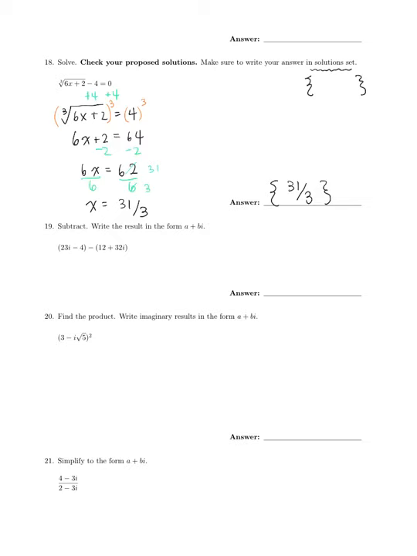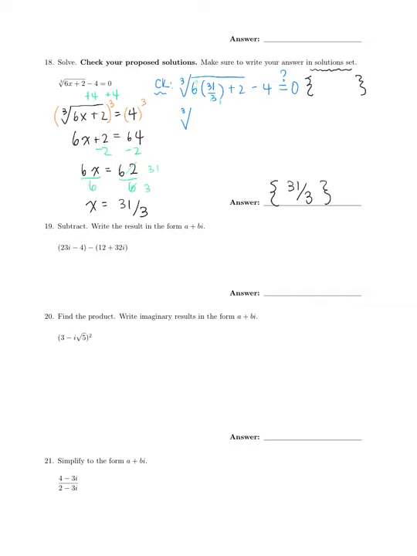Now it says to check. If you're confident that you did it right, you don't need to check, but if you want me to check, I can. So here we go. Check. Cube root of 6 times my proposed solution, 31 over 3, plus 2, and then minus 4. The question is, is that going to equal 0, right? So let's just check. So this is cube root of, okay, 3 goes into 3 once and into 6 twice.